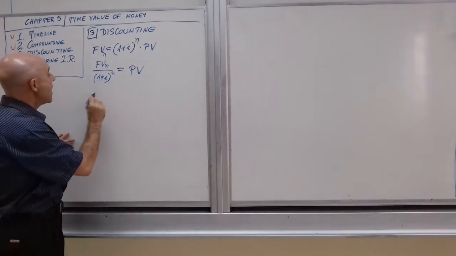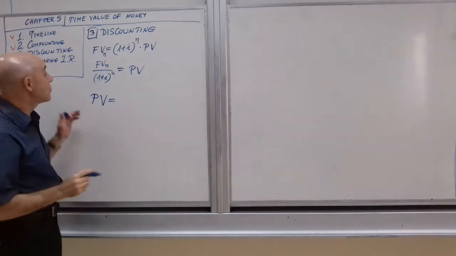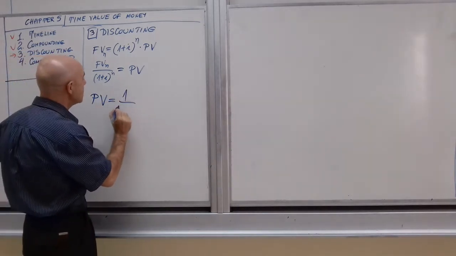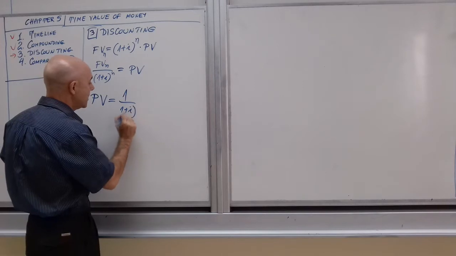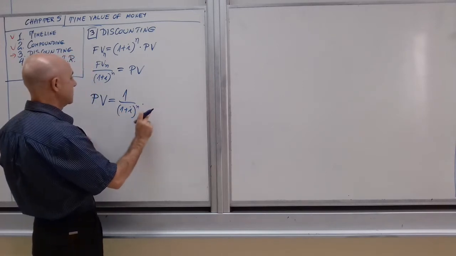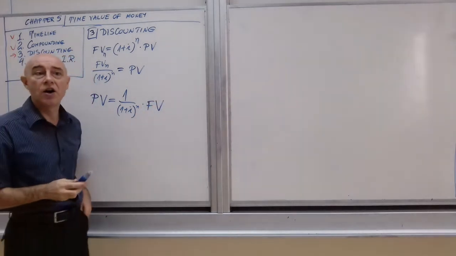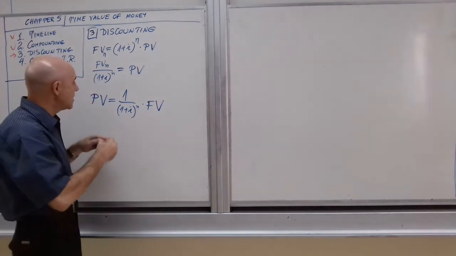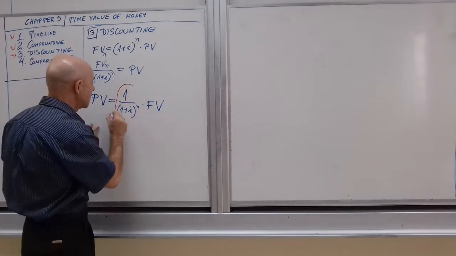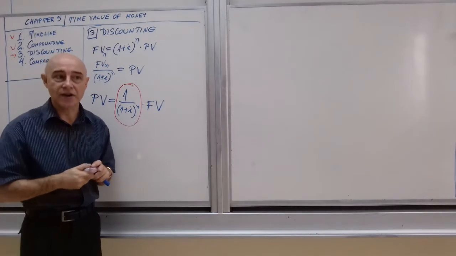So now I just rewrite it nicely. Present value equals 1 over 1 plus I to the power of n, times future value. All right, this thing becomes the conversion factor.